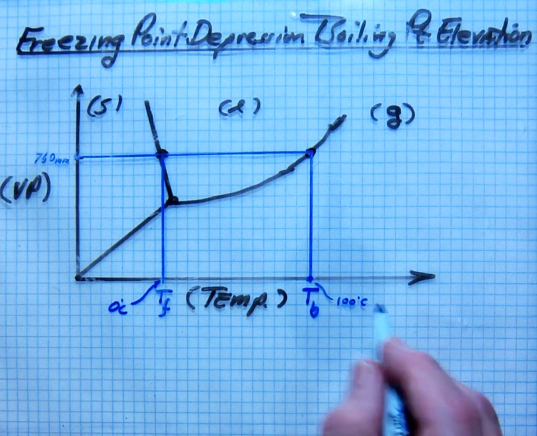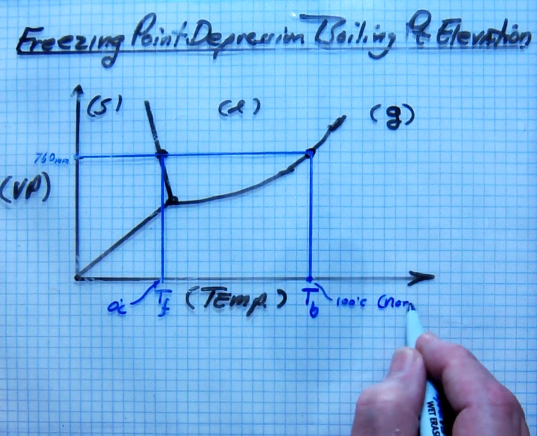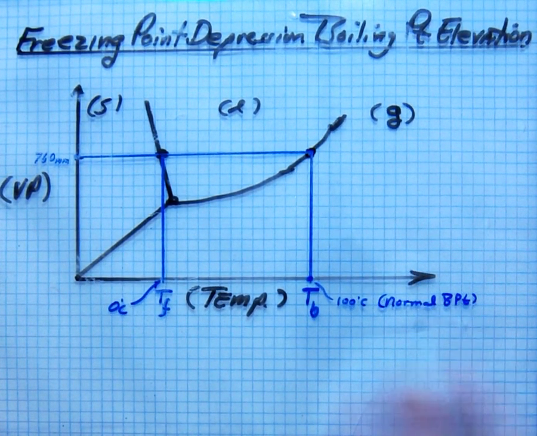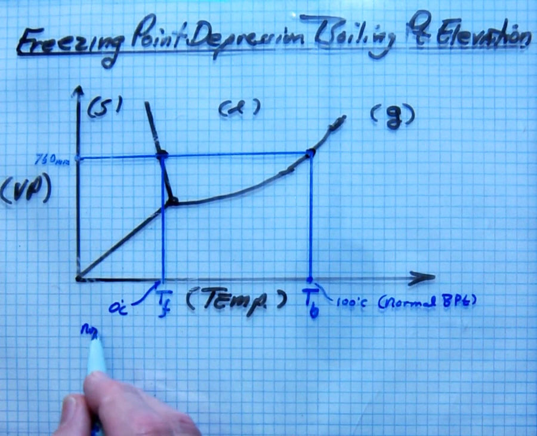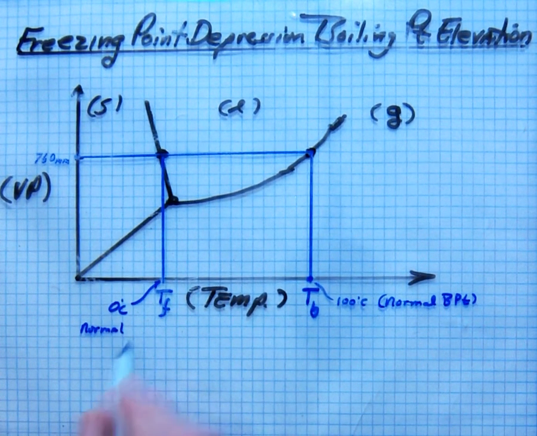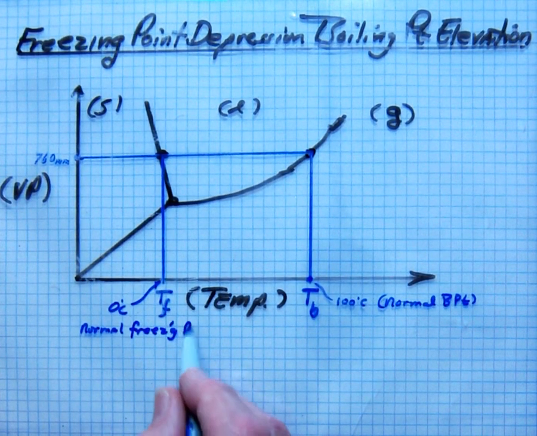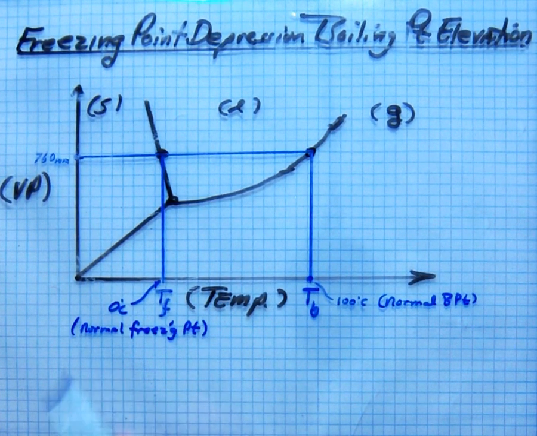So these are, again, normal boiling points and normal freezing points here.